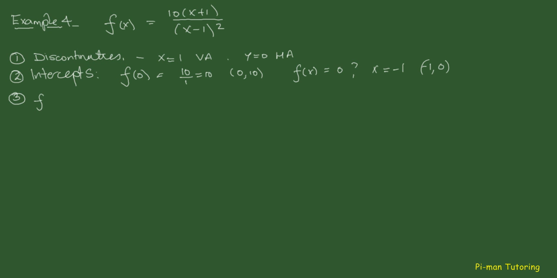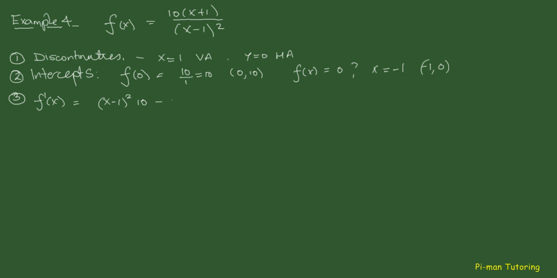Now we move on to the derivative part. So let's do f dashed of x first. Now here we use the quotient rule, which I hope everyone remembers. We bring the denominator up first of all, and we multiply by the derivative of the numerator, which in this case is just 10.